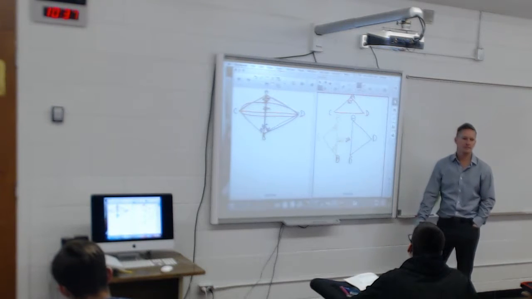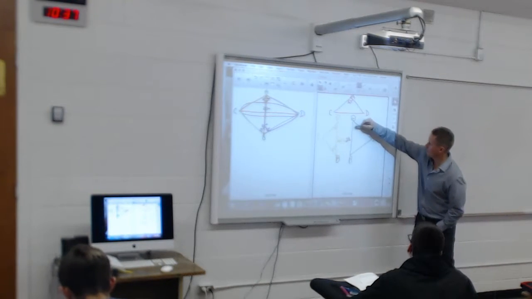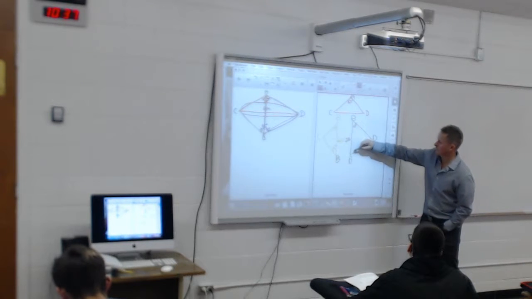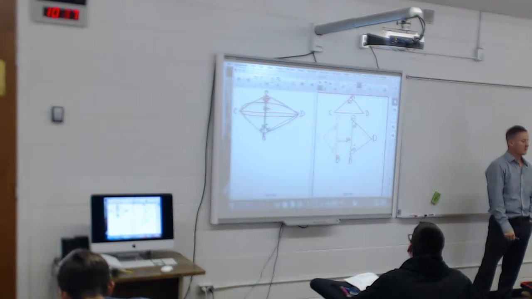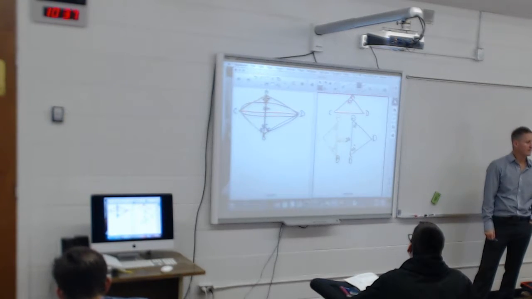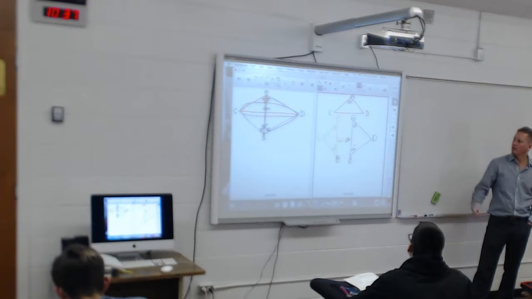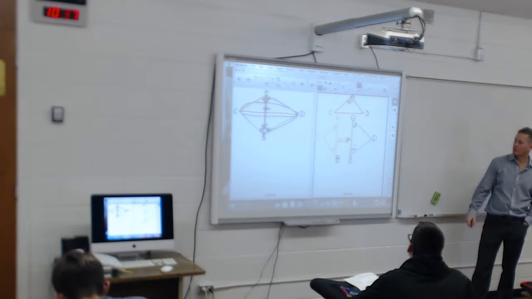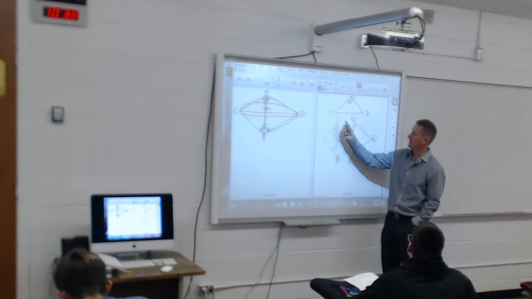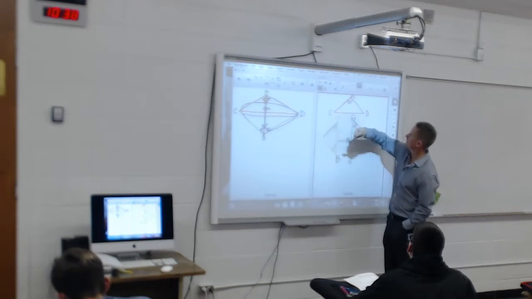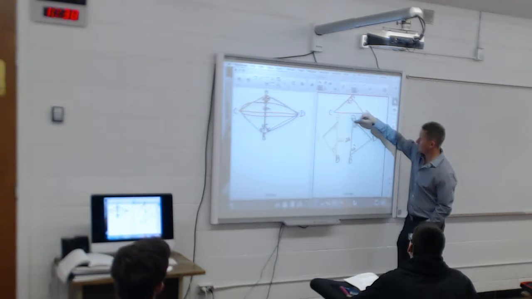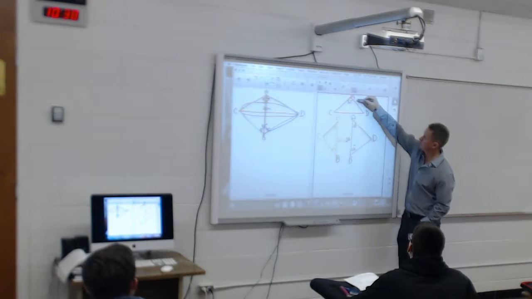What's that angle? 43. What's this angle? 96 degrees. So far, so good. So I'm going to use the triangle right here to get AC, which is that. And I'm going to use this triangle to get AD, which is that.